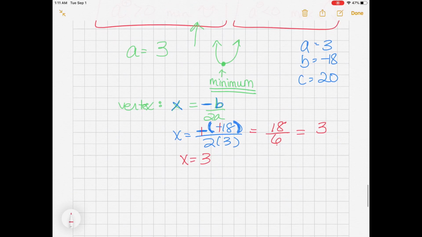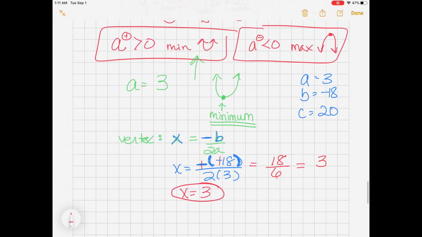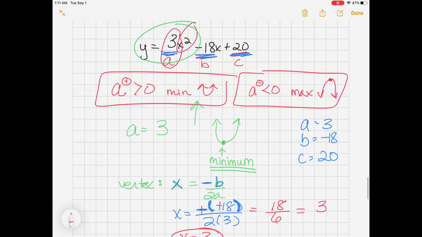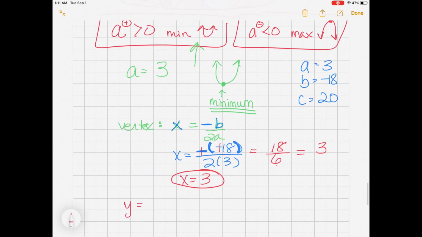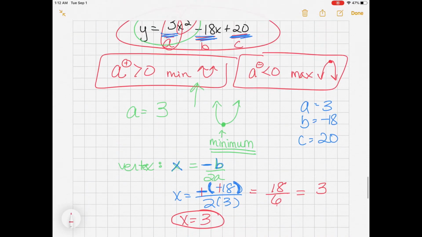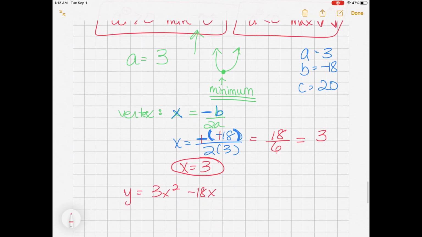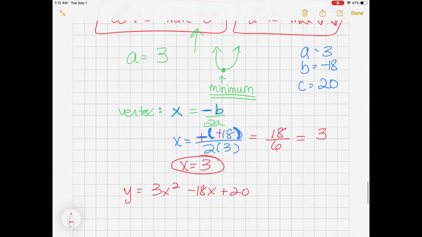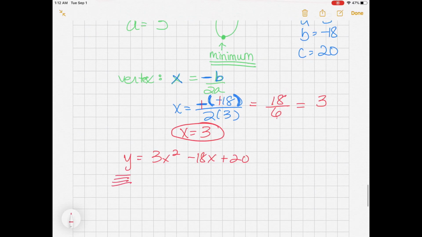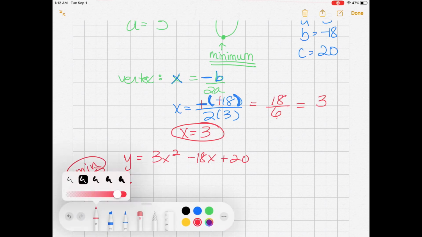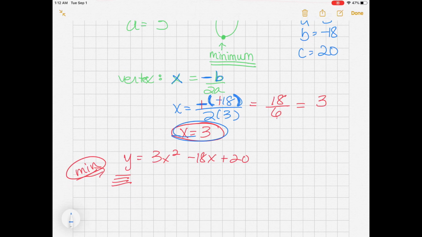So what is the vertex? Well, remember we have to plug x equals 3 back into our original equation. So we've got y equals 3x squared minus 18x plus 20. In order to find out this y value, which would be our minimum value, we're going to plug in those values for x.